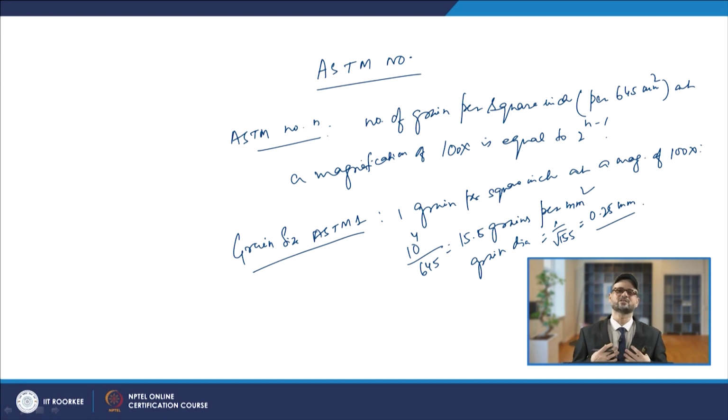You can go for ASTM 2, 3. Every time it will be changing by under root 2. That way you will have the change in the grain sizes, and if you go to larger ASTM, you will have the ASTM value going from ASTM 1 to 8, and then even further.